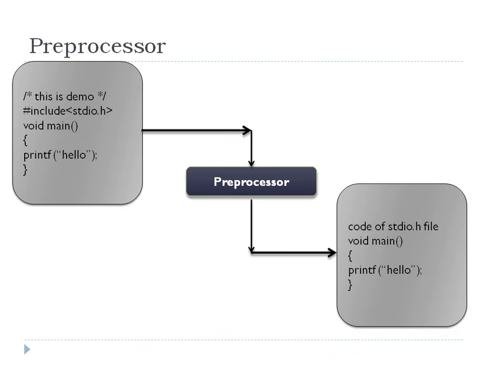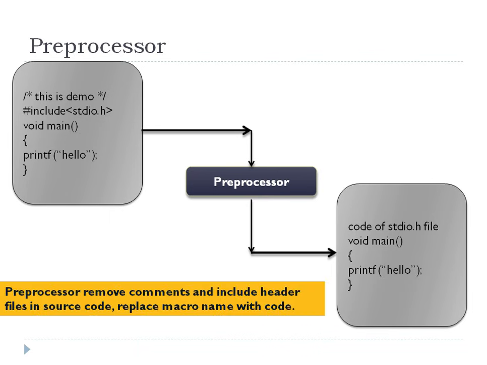Second task the preprocessor does, it will include header file code in the file itself. If we have included say stdio.h, this is also a file, so the code of that file will be included in our program. And the third task, if we are using any macro, the preprocessor will replace all the macro names by their value.